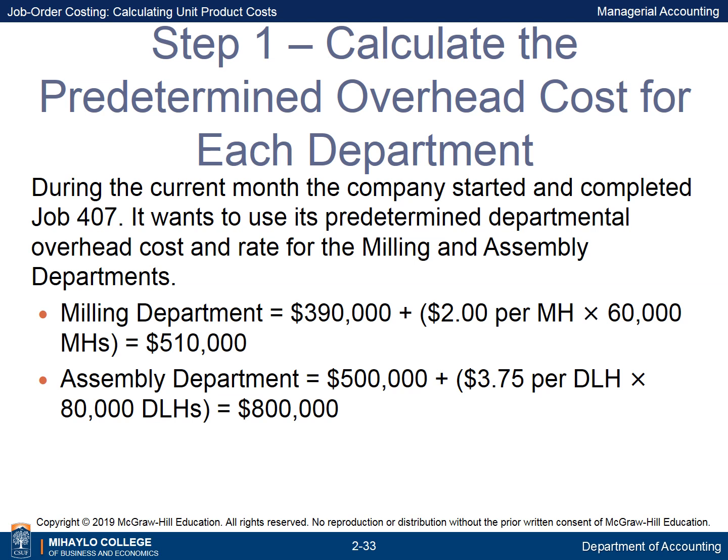Milling department equals $390,000 plus $2 per MH times 60,000 MHs equals $510,000. Assembly department equals $500,000 plus $3.75 per DLH times 80,000 DLHs equals $800,000.